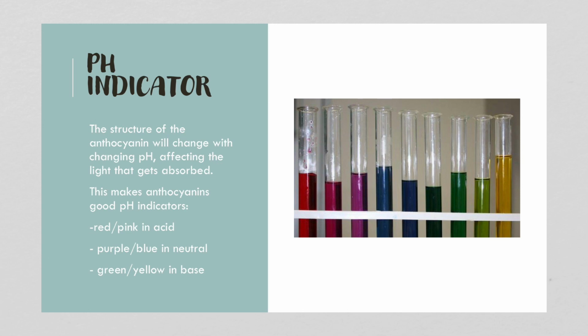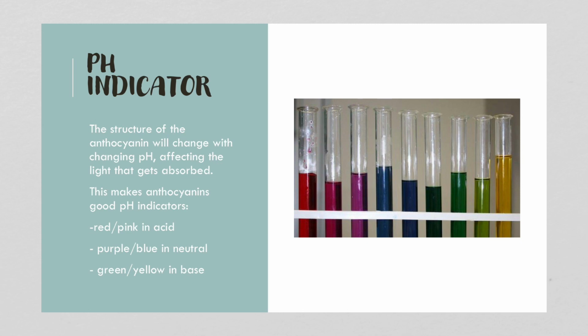So I don't know if when you were in grade 10 science learning about acids and bases, whether you had time to take a look at some of those natural pH indicators, but you can actually use fruit juices and vegetable juices to identify whether something is an acid or a base. So you can actually use red cabbage as an example.